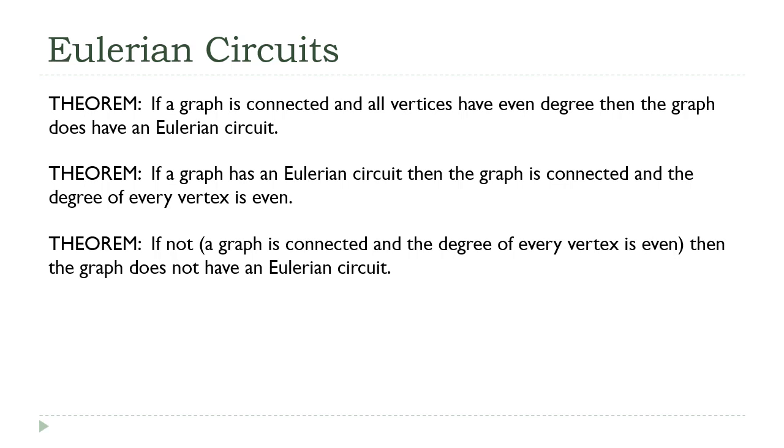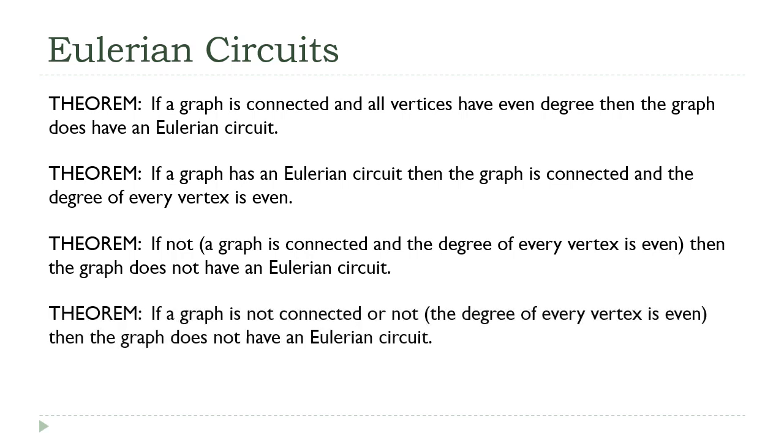Remember De Morgan's law that says not (P and Q) is equivalent to not P or not Q. So that's what I'm going to do next. I'm going to replace that parentheses part with not connected or not. And again, I'm being very inelegant at this point. I've just put not and that last part in parentheses because that last part we've got to be careful about.